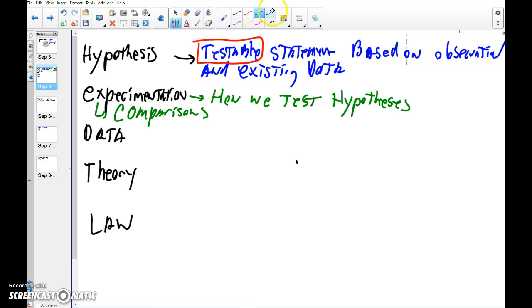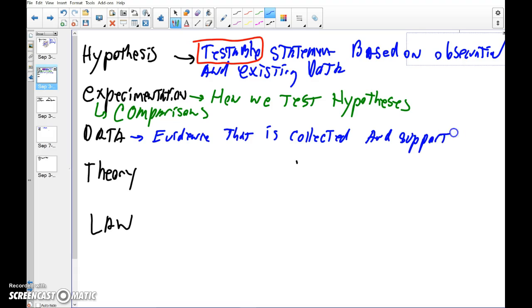Next up here on our list is data. Data is evidence that is collected and supports or refutes a hypothesis.